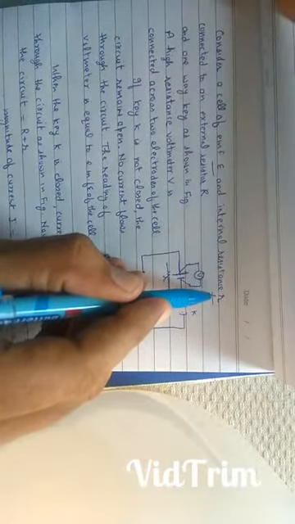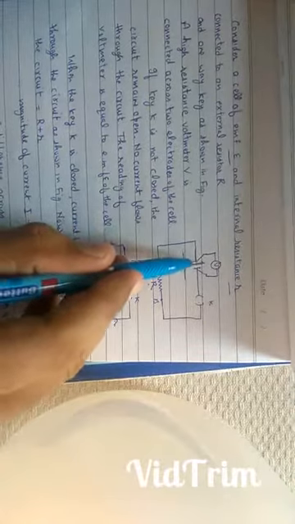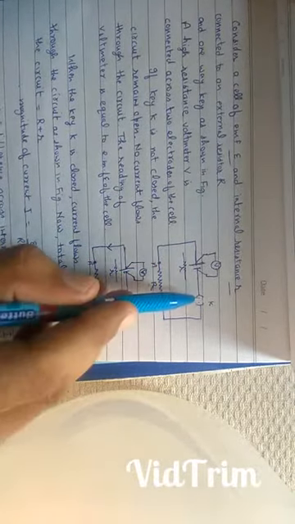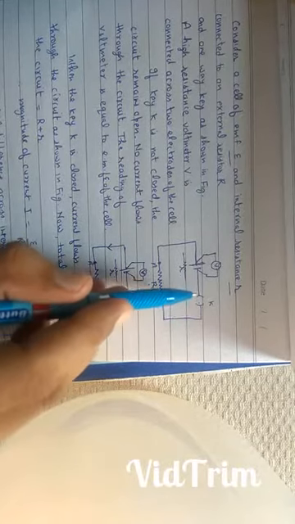Consider a cell of EMF E and internal resistance small r. Connect an external resistor of resistance capital R and a one-way key K to this cell as shown in this figure.